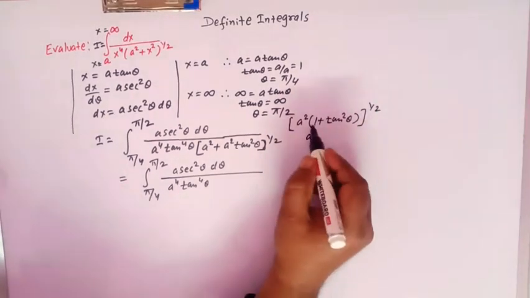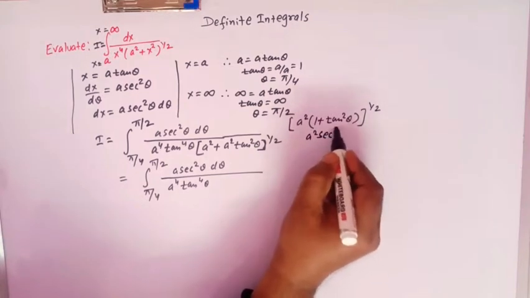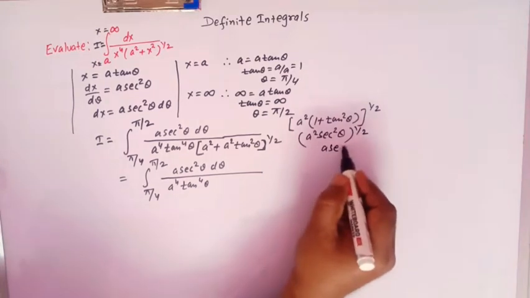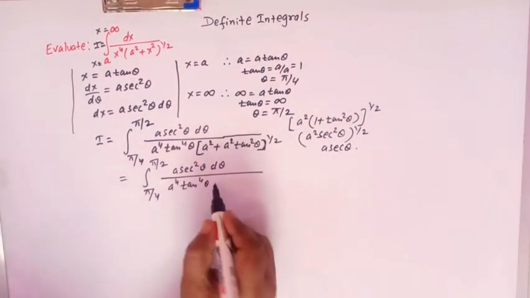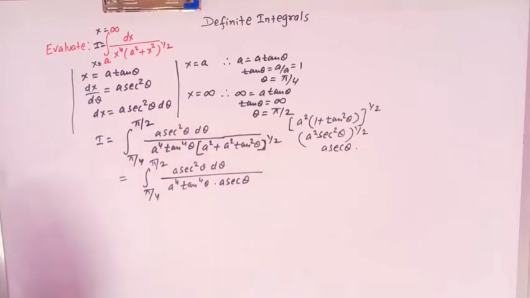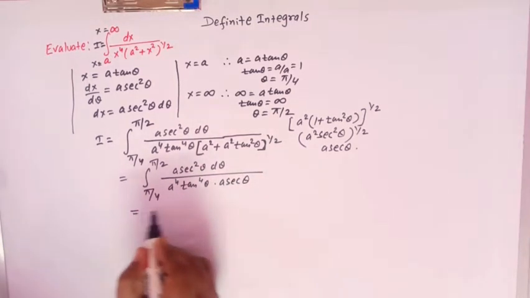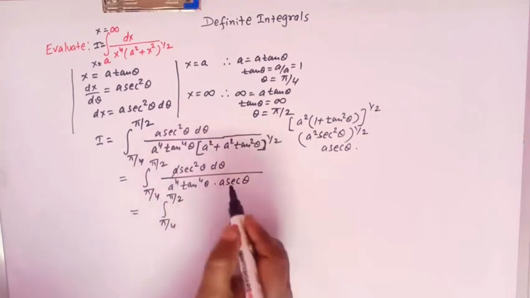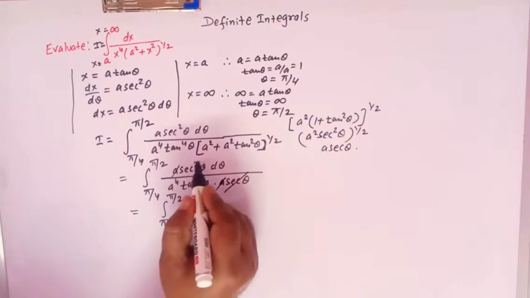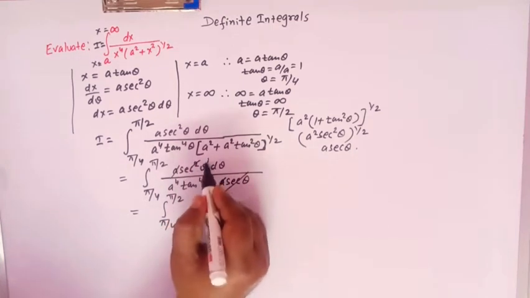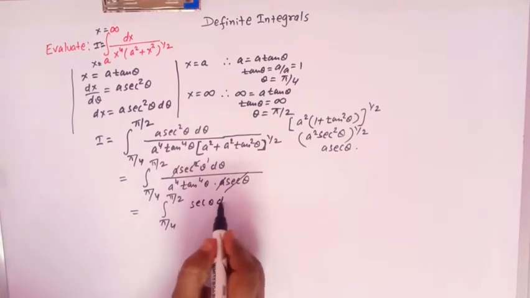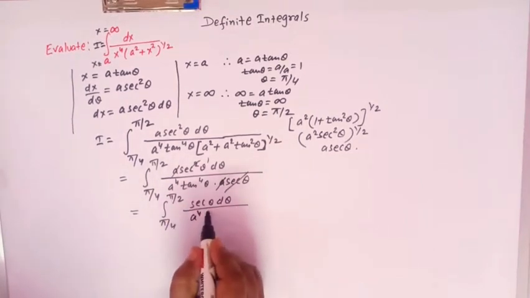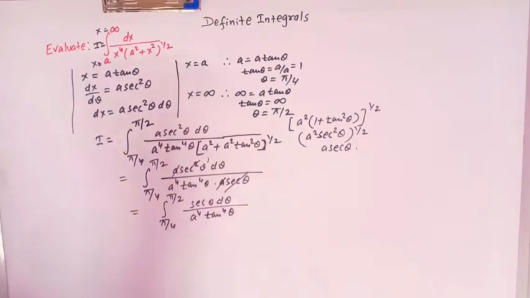Then this is a square, and 1 plus tan square theta is sec square theta raised to half, so we have a sec theta. Now we can cancel out the terms. Here we have a, here we have a sec theta, and one sec theta gets cancelled, so we are left with sec theta d theta over a raised to 4 tan 4 theta.